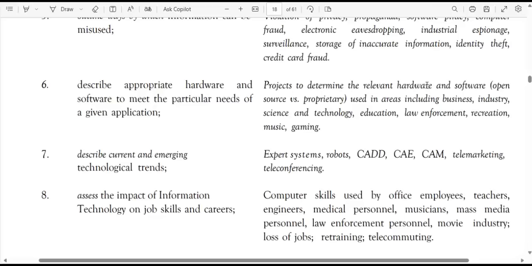They could be using microphones or sound cards. The software in terms of proprietary would be FL Studio, Pro Tools. In terms of open source, they could be using Audacity, Ardour to make music or to record or to mix music.